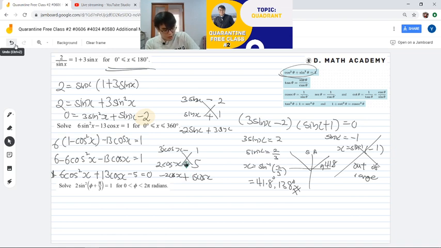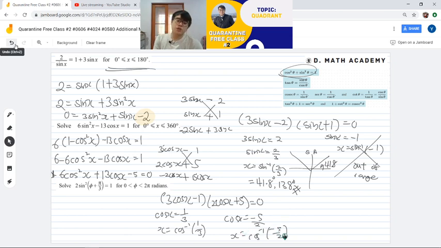So you should get 3 cosine x minus 1, 2 cosine x plus 5. Okay, so the respective result should be cosine x equals to 1/3, x equals to cosine inverse 1/3, or you should get cosine x equals to -5/2, x equals to cosine inverse negative 5 over 2.